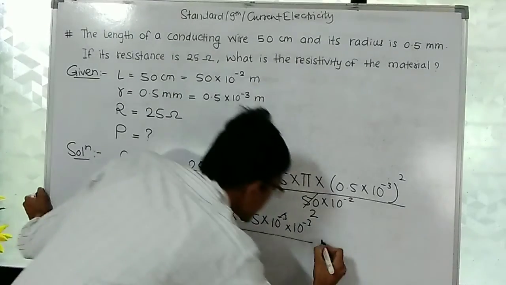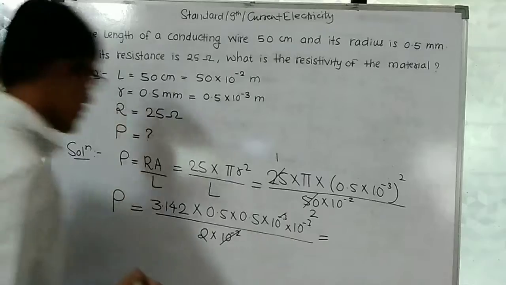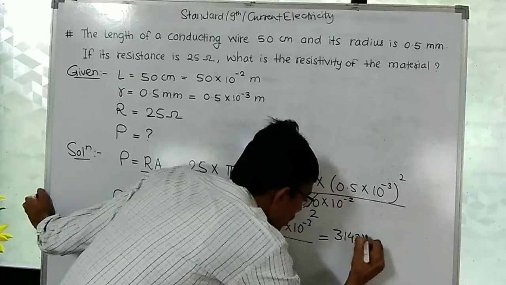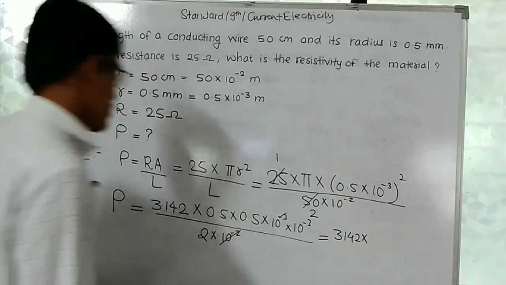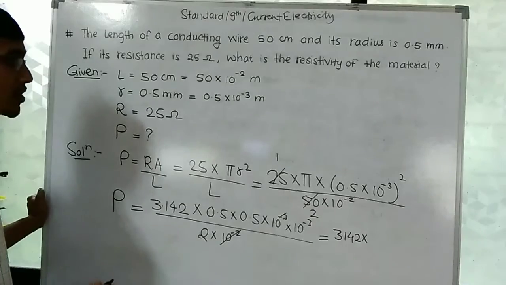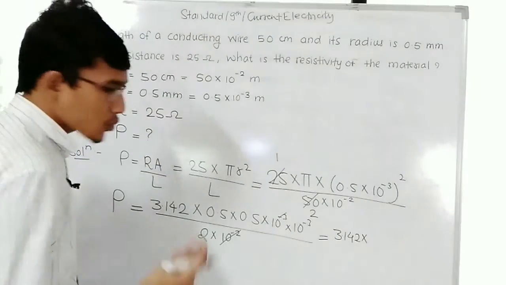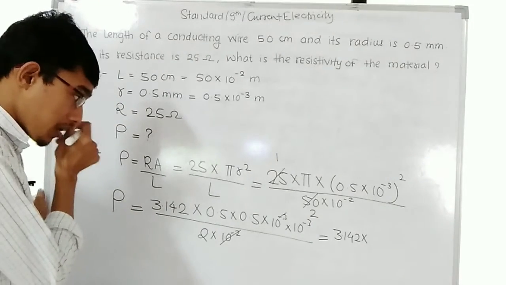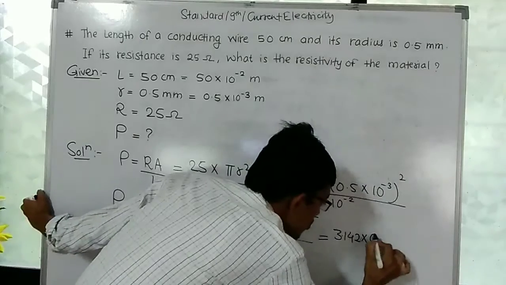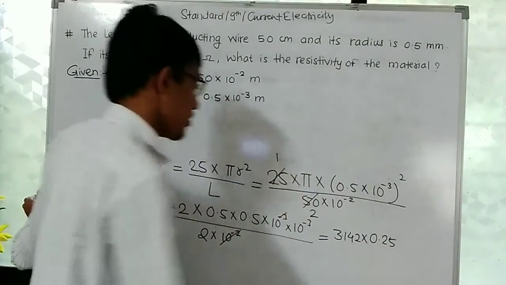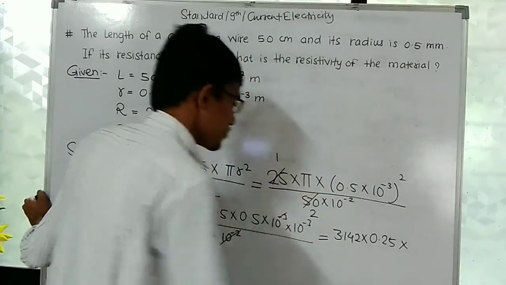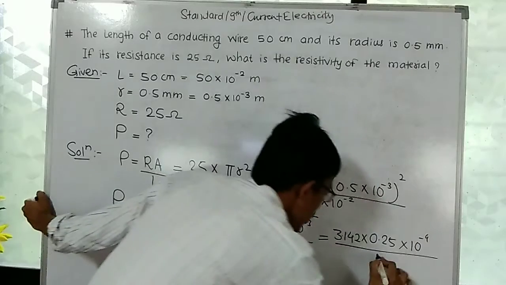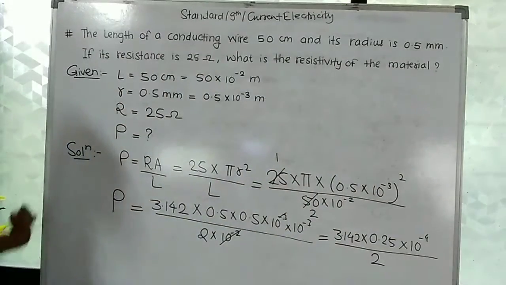So we will get 3.142 into 0.5 into 0.5. What it will be? 5 square is 25, point after 2 digits, so we will get 0.25, into 10 raised to minus 4 upon 2.